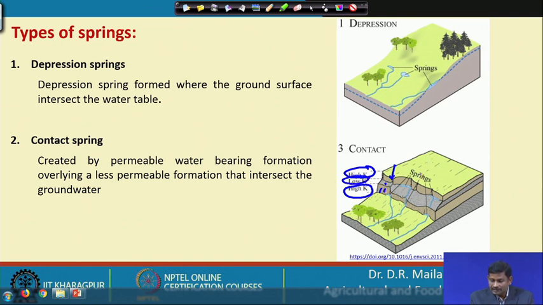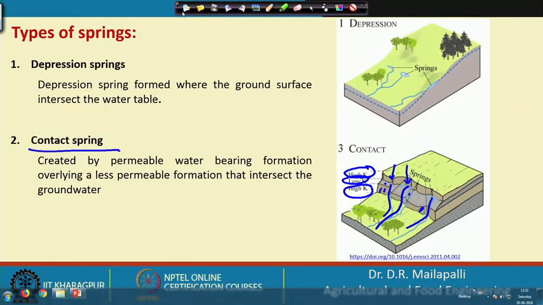So, what happened here, the water which is infiltrating down cannot infiltrate into the further layer, and that will form a spring, because again there is another layer which is high K. So, when the low K is sandwiched between two high Ks, then you can have this contact spring.